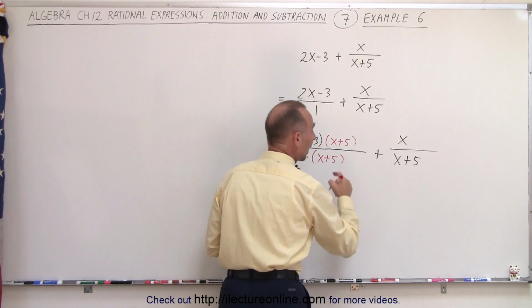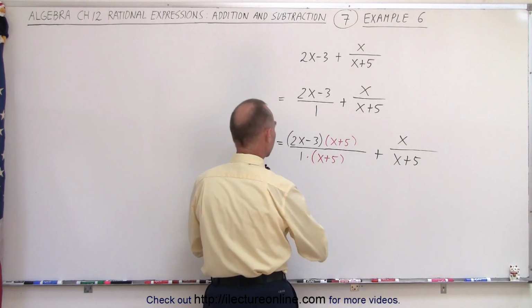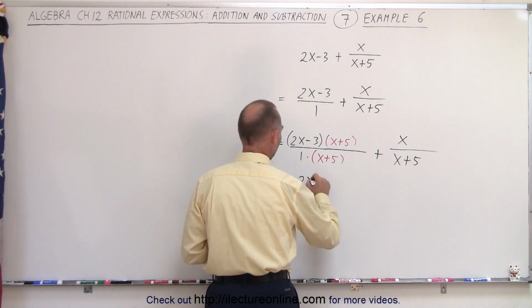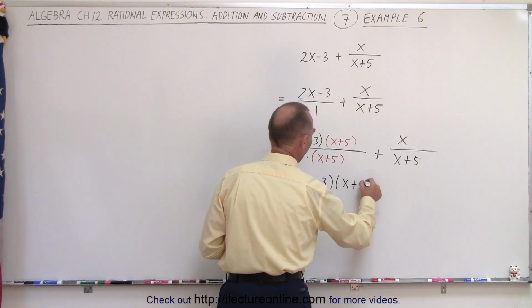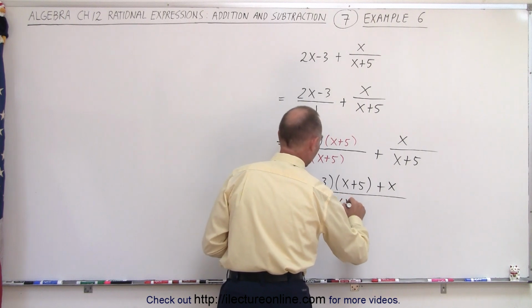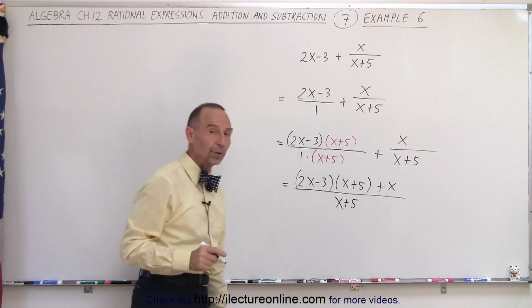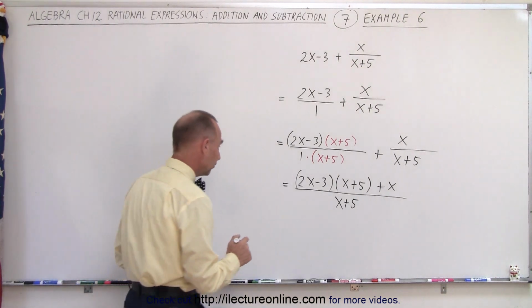So now we can see that we have the common denominator. We can write everything now over that common denominator. So this is equal to 2x minus 3 times x plus 5 plus x all divided by x plus 5. And now all we have to do is multiply everything in the numerator, collect common terms, and factor something if possible.